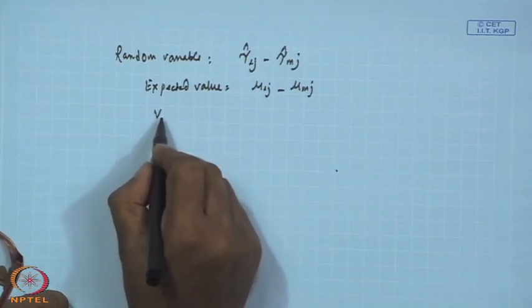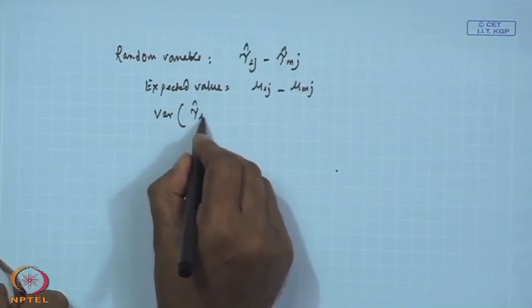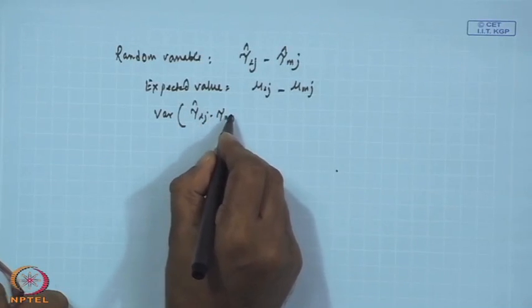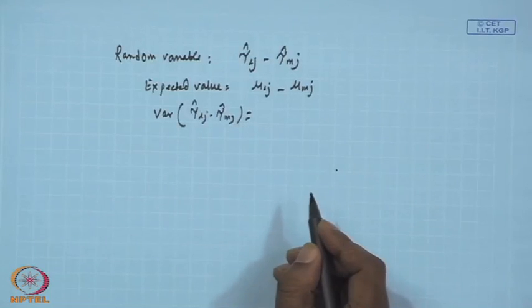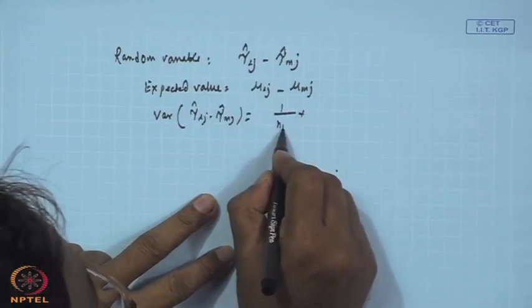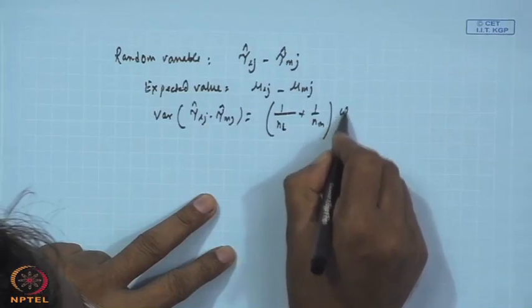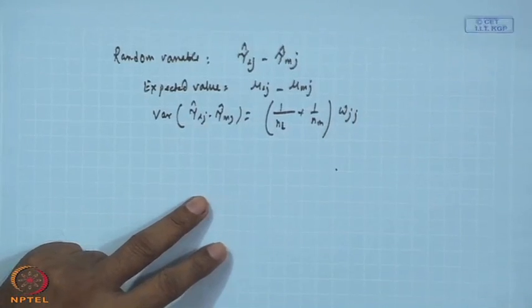You also have its variance, 1 by N L plus 1 by N M, times Wjj.